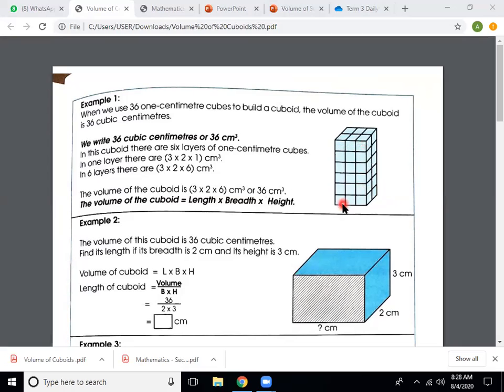So you have 3 by 2, 2 threes are 6. 6 by 1, 2, 3, 4, 5, 6. Just now I did not count the bottom shape. So it's 6 high. So the cuboid is 3 by 2 by 6.